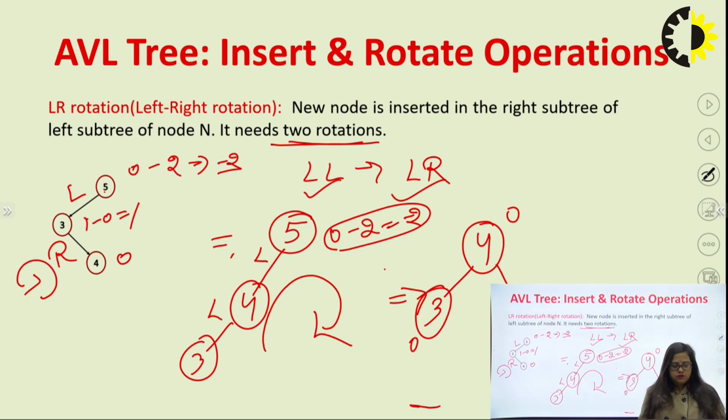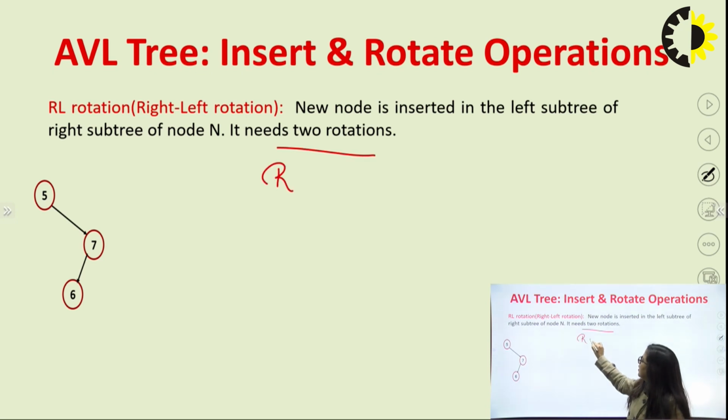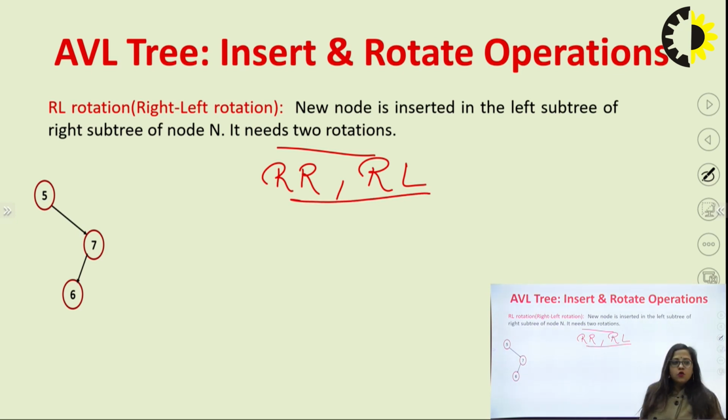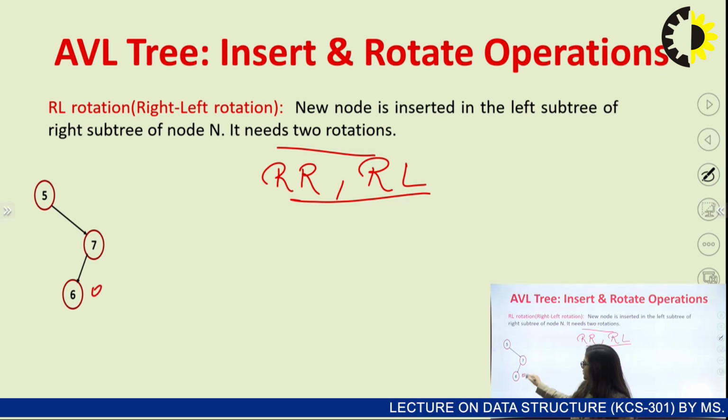Got it? Now here is the LR rotation. LR rotation again comes to 2 rotations: first one is RR and the second one is RL. First check: it is 0, there is no child, not left, not right.